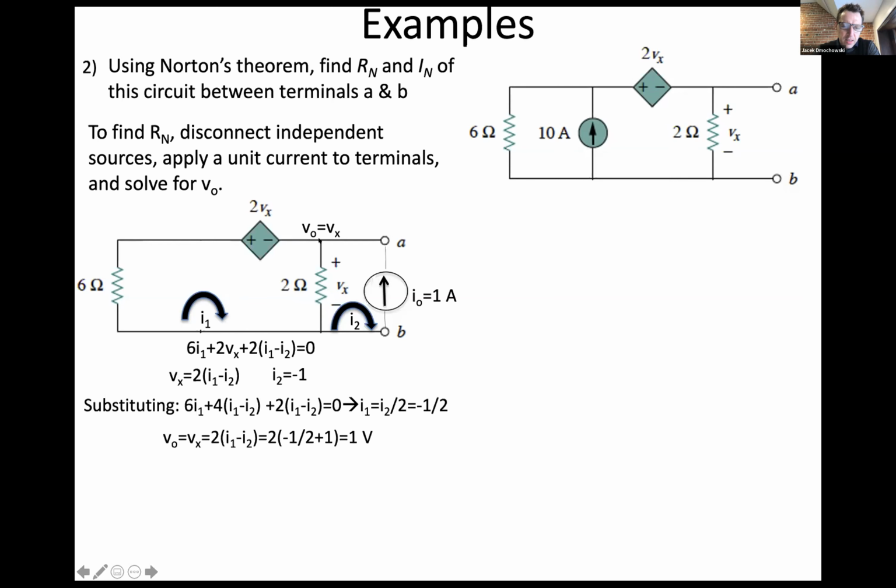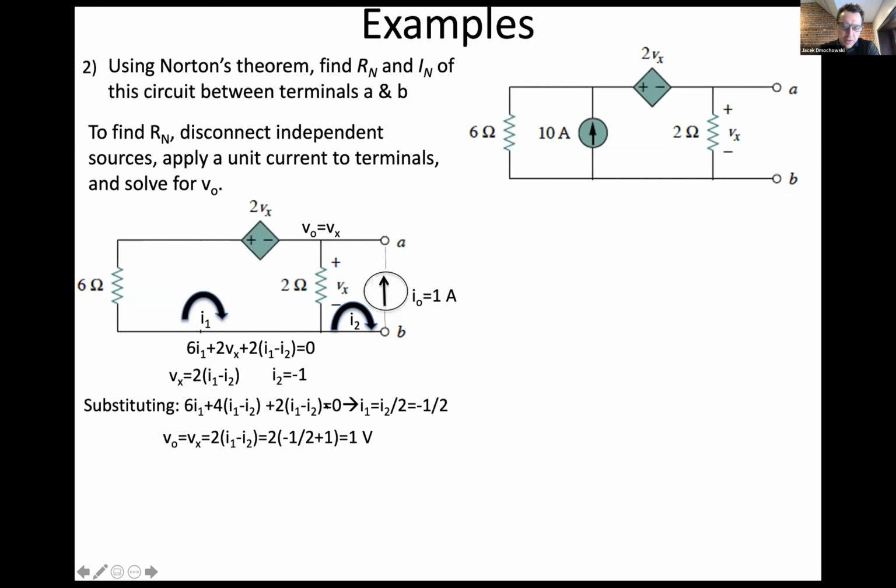right, so I1 is mesh current 1, I2 is mesh current 2. I1 is equal to -0.5. I2 is equal to -1. So the current that flows down the 2 ohm resistor is equal to mesh current I1 minus mesh current I2, which is equal to -0.5 minus -1, right?